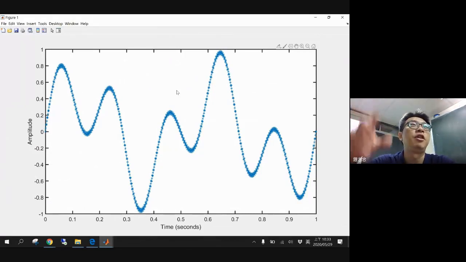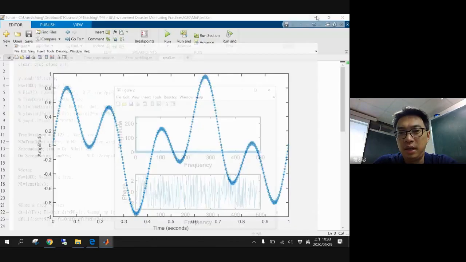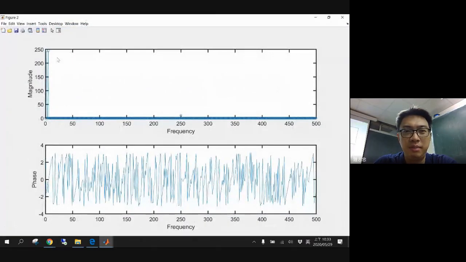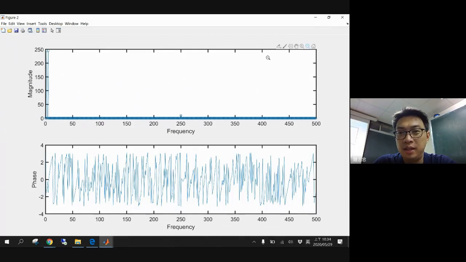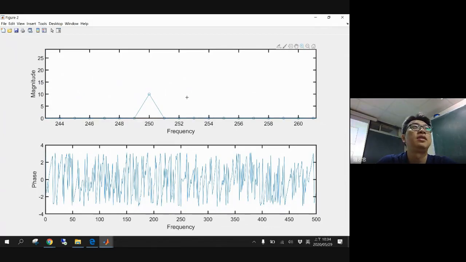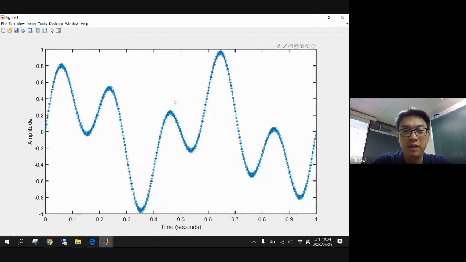You can find this is actually a very low frequency component. Maybe I need to enlarge. One is 2 hertz, another is a 5 hertz component. However, I put in a little bit of high frequency noise, about 250 hertz, in this signal. So this is a very low frequency pattern, but you can find a little bit of noise.